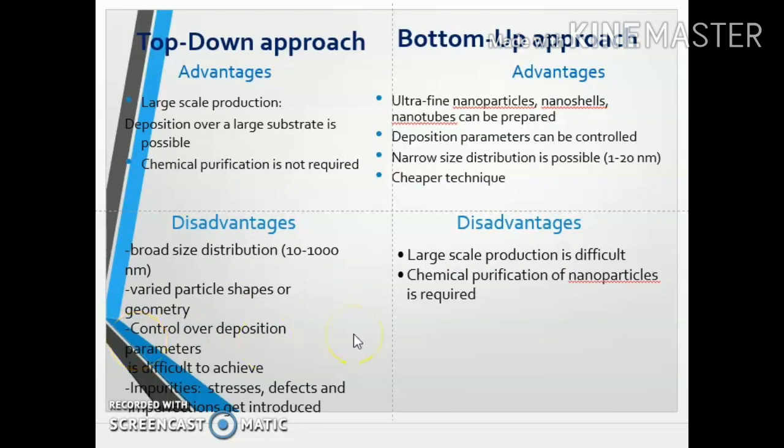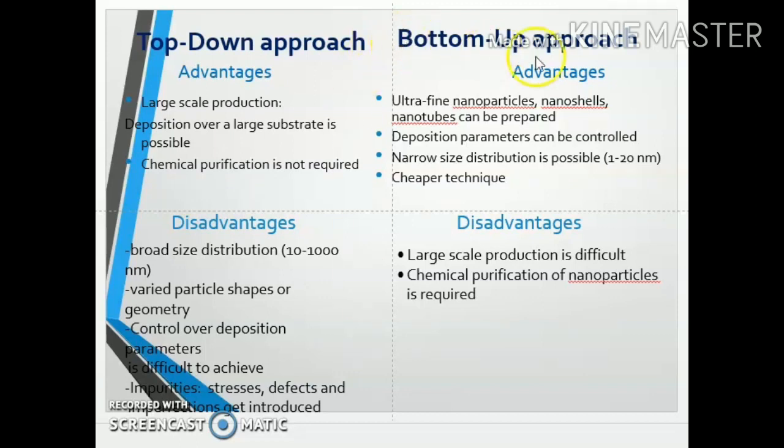The next disadvantage is that control over deposition parameters is difficult to achieve. The next disadvantage in the top-down approach is the interference of impurities that may be caused due to the stresses, defects and imperfections introduced while machining or when we are using the methods suggestible for the top-down approach.